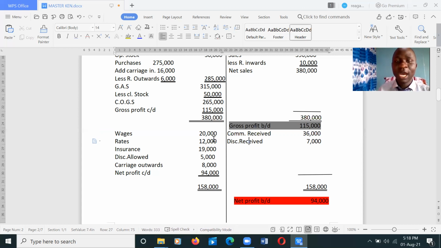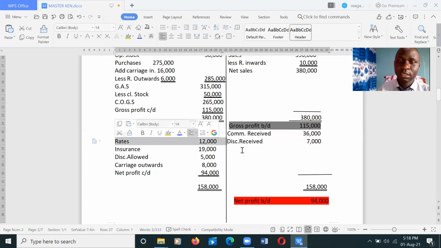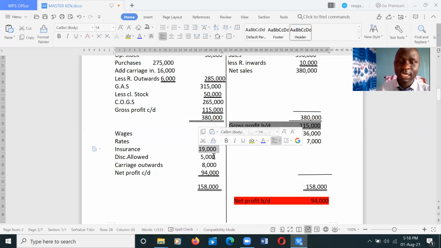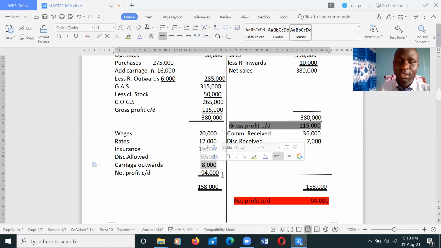Now, if you happen to add 20,000 plus 12,000, then you add 19,000, then you add 5,000, then you add 8,000.